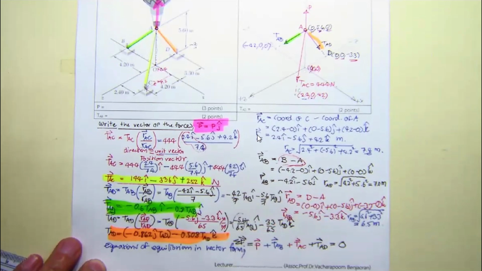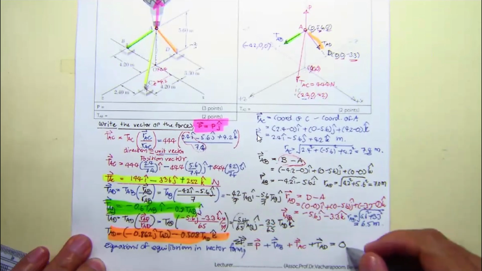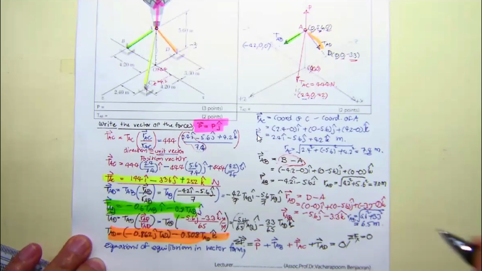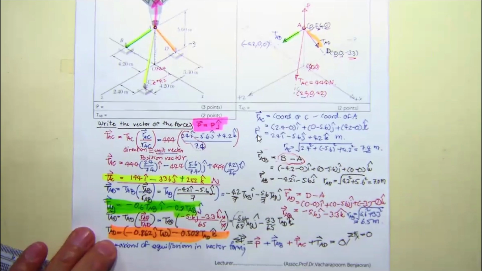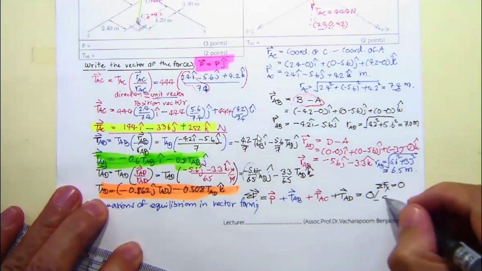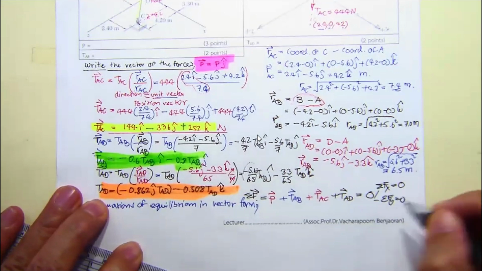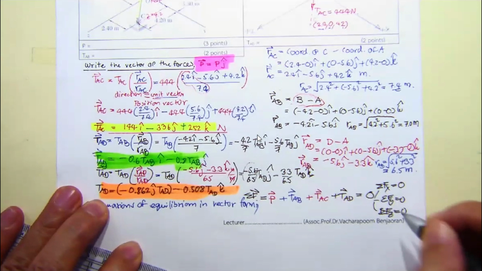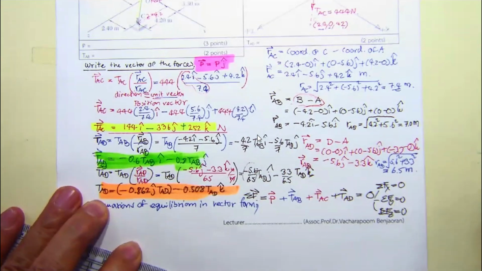Now, you got to identify the components. Okay. This one will combine into summation of F sub x equal to 0. Now, we just take this one. Summation of F sub y equal to 0 and summation of F sub z equal to 0. We got to check for each one.